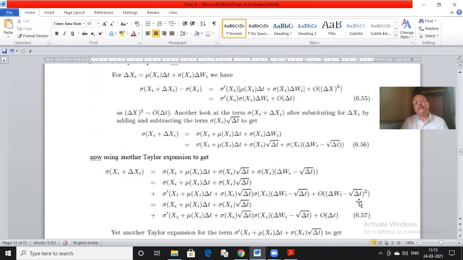So order of delta w minus root delta t whole square. And you can see that this will be nothing but order of delta t. This whole remainder term will be of the order of delta t.